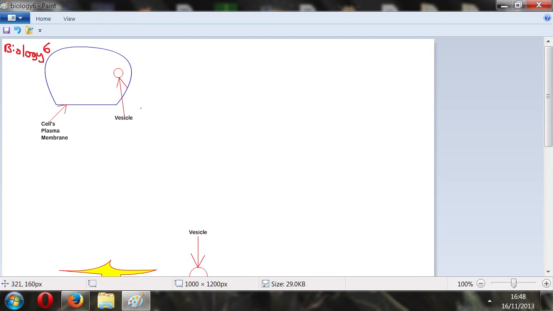Okay, so we've got the vesicle here, denoted by this ball. This is the plasma membrane. I'll put a description similar to what I did in the last episode.